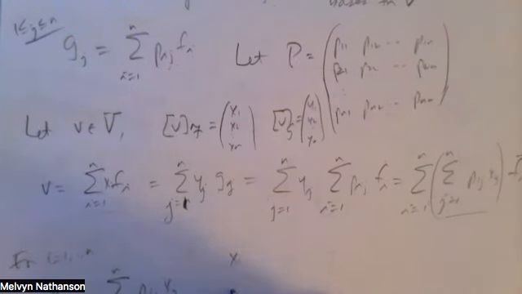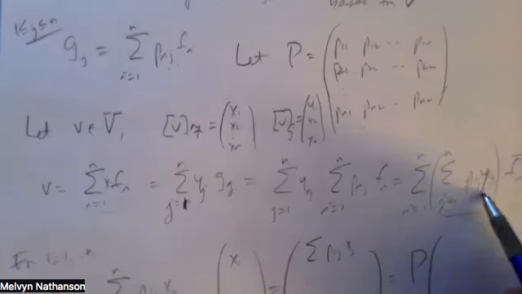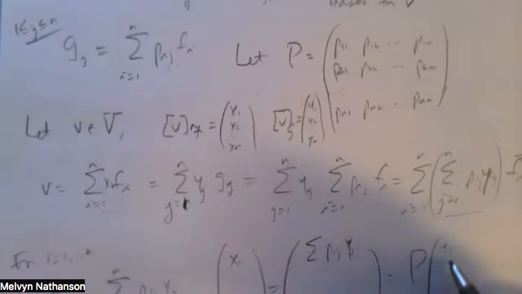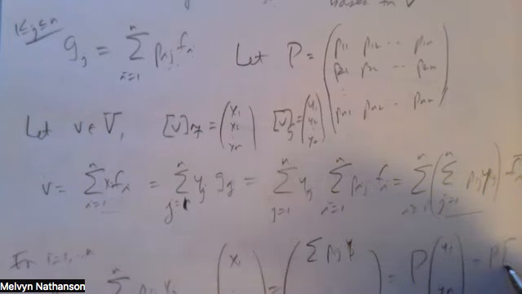This is exactly the matrix P times the vector y1 down to yn, or P times the coordinate vector for v with respect to G.